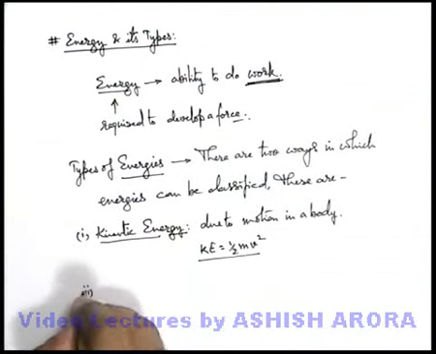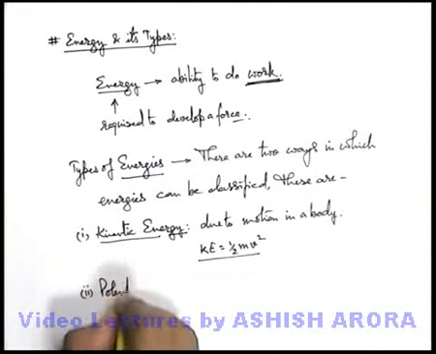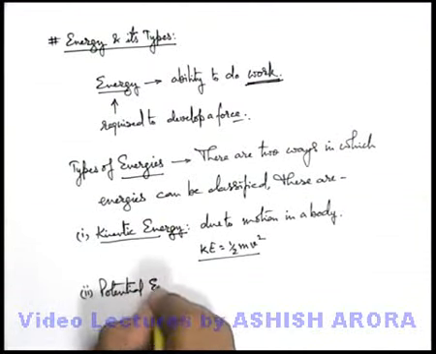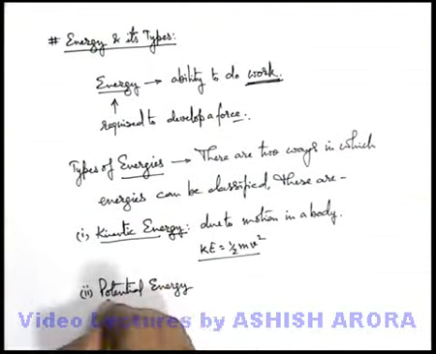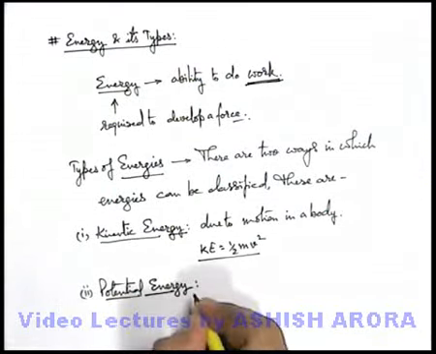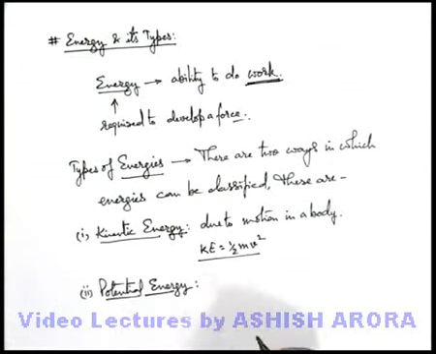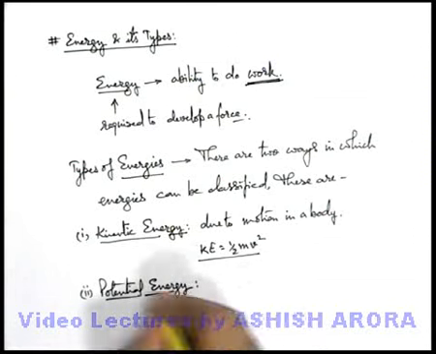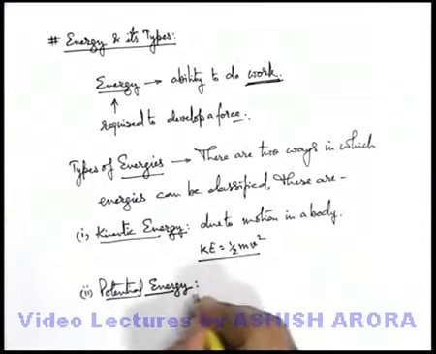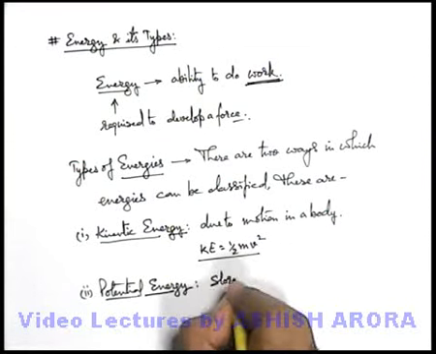The second one is potential energy. About this also you might have some idea, but in detail about potential energy we'll study in this chapter also. And right now you can just keep in mind potential energy is a stored form of energy.